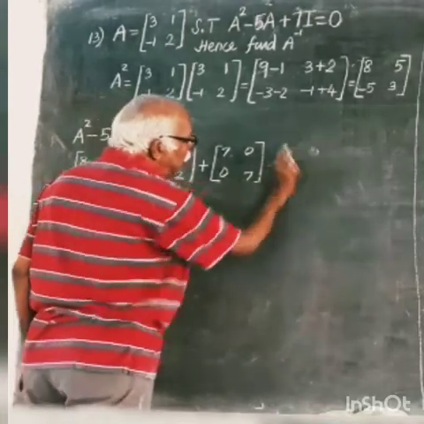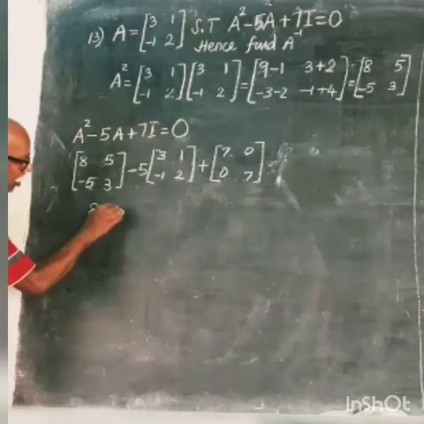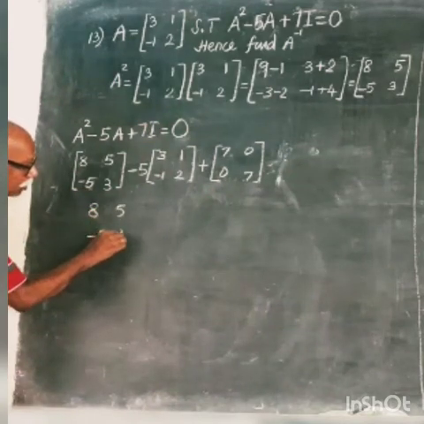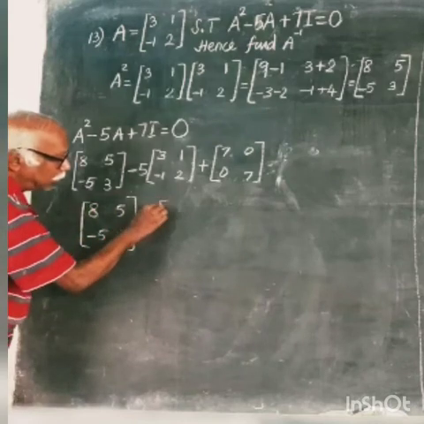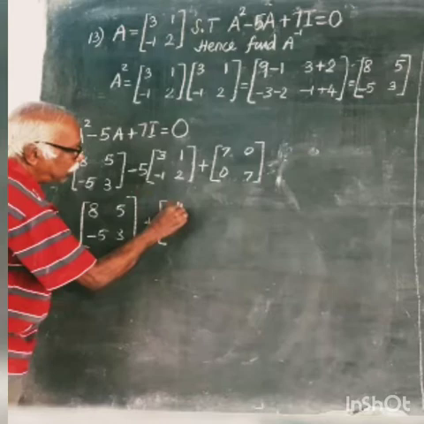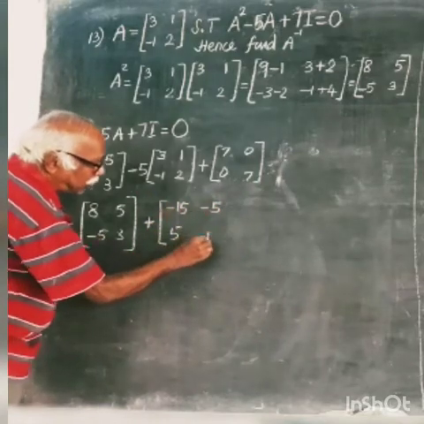We have to prove that it is a null matrix. So [8, 5; -5, 3] plus [-15, -5; 5, -10].